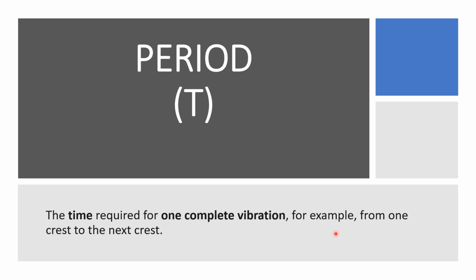For example, from one crest to next crest. So, yung one complete vibration, that is crest to crest or trough to trough. Okay. So, you just have to remember, period, we are referring here the time. So, ang tanong dyan, gaano katagal bago niya makomplete yung isang cycle or vibration.